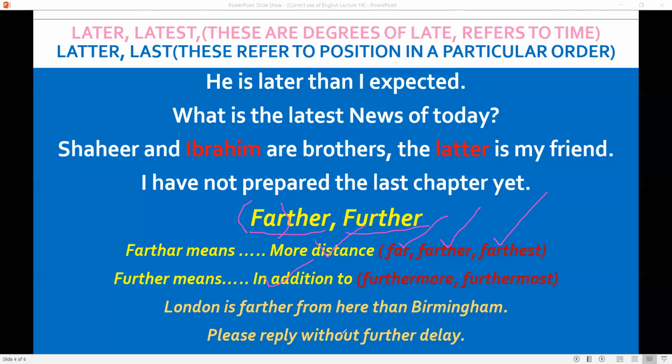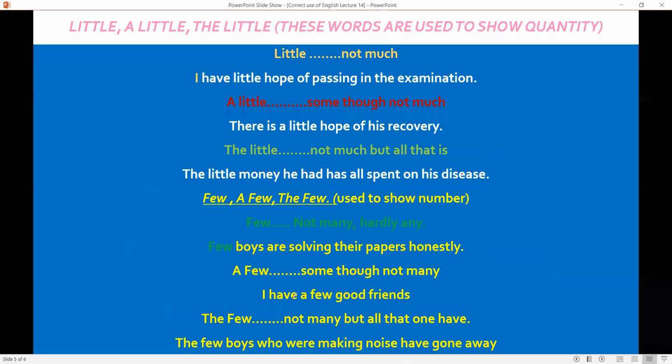Please reply to me without further delay, without any more delay. Further means more, in addition to; farther means in relation to distance. So we should know the difference between these words so we can use them accurately while speaking and writing.